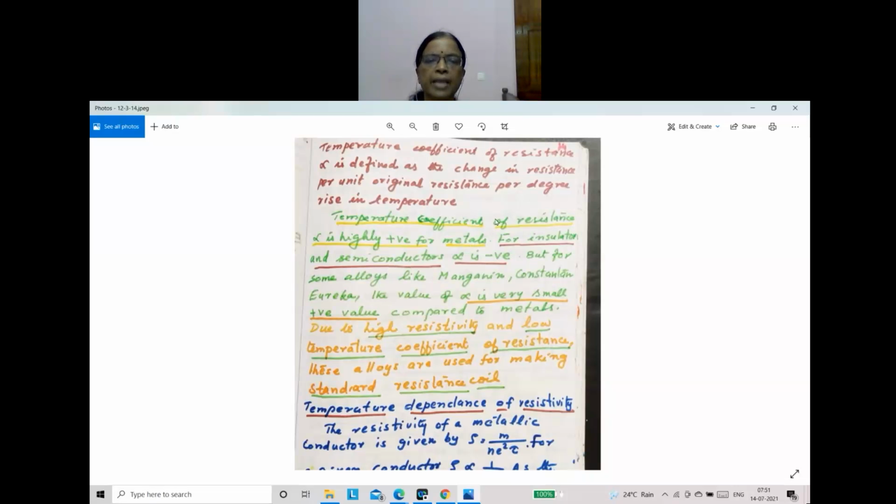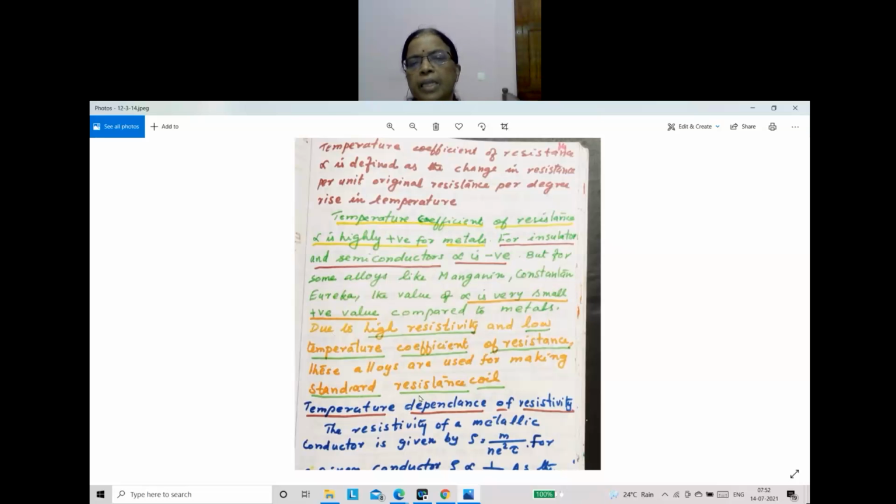For insulators and semiconductors, it is negative. So all the variation you should know very well. In metals, temperature coefficient of resistance is high positive. Insulators and semiconductors, alpha is negative. But for some alloys like manganese, constantan and eureka, the value of alpha is a small positive value. All these variations are very important; questions will be asked.